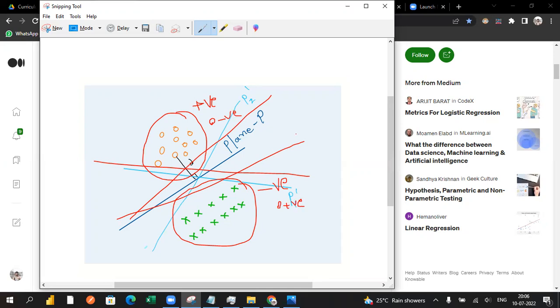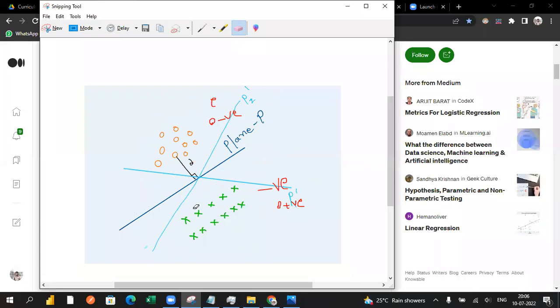In this case, how do you tackle it using logistic regression? Let's check out this example. Here you can see we have drawn a plane, separating two data points or two different classes. Let's take this as the positive example and this as the negative. We separate them by using the plane called pi.